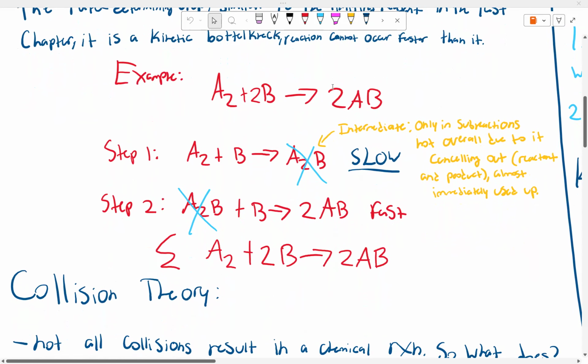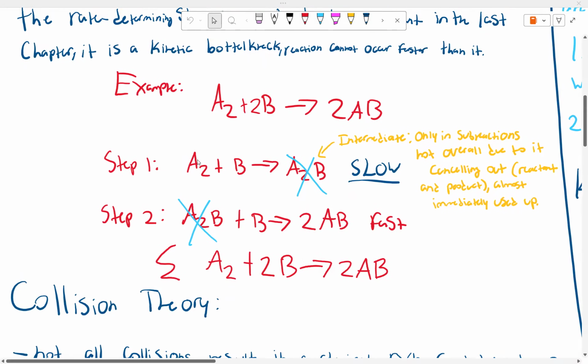Here I have an example. I have A subscript 2 plus 2B produces 2AB. That's our product. Step 1 is our slow step. This is the step that will be the kinetic equation step, and I'll get into what the kinetic equation is in a little bit.